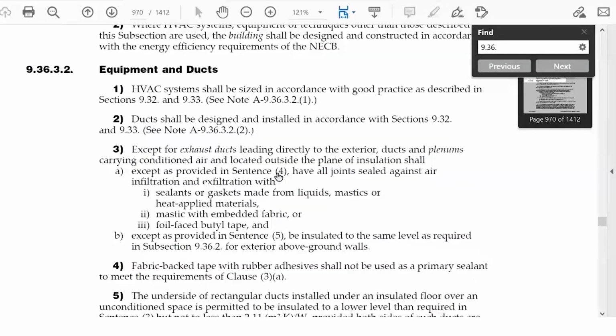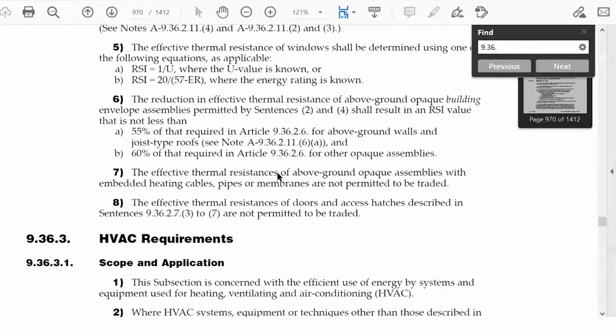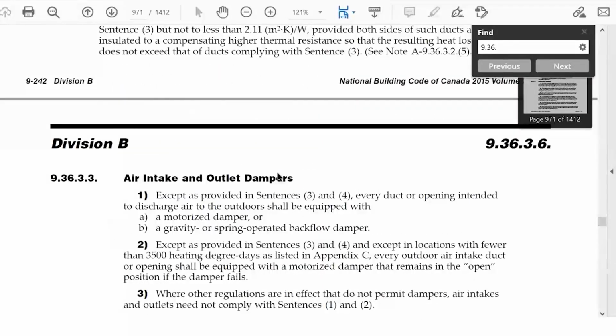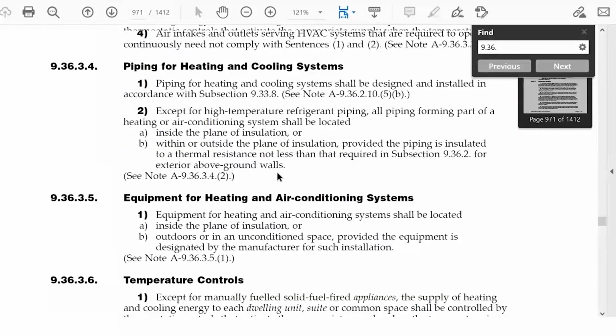And then you go into the HVAC requirements and the heating. You've got equipment, ducts, air intakes, outlet dampers, piping, temperature controls.